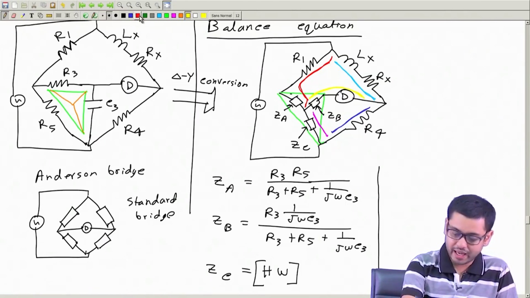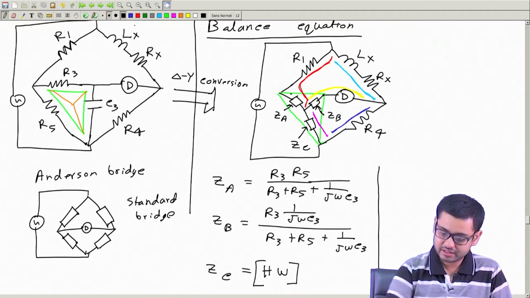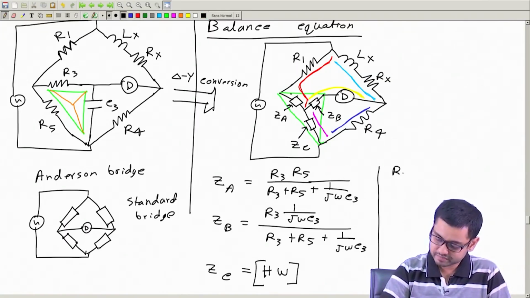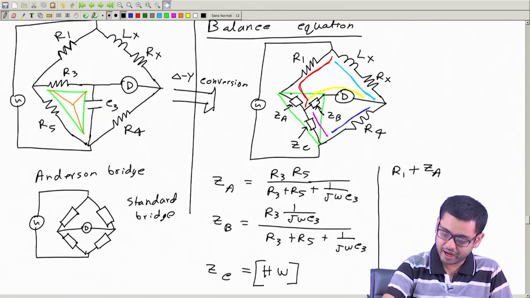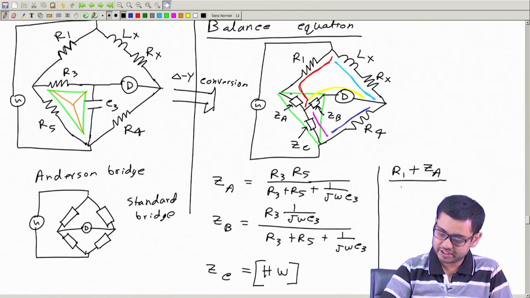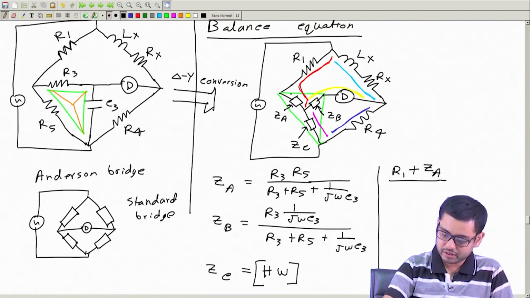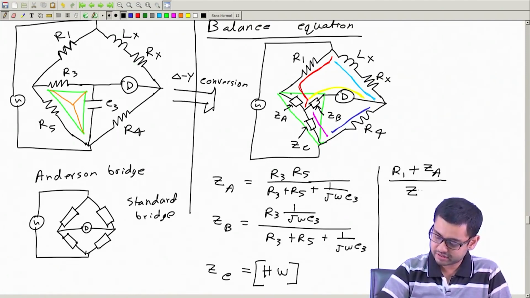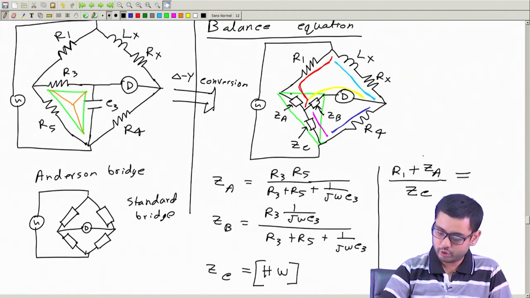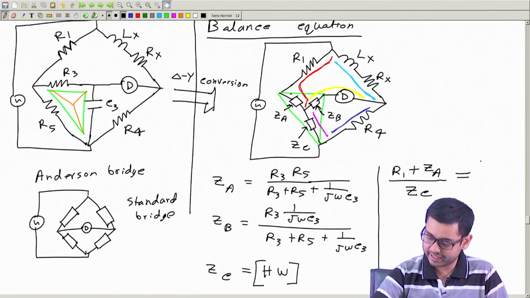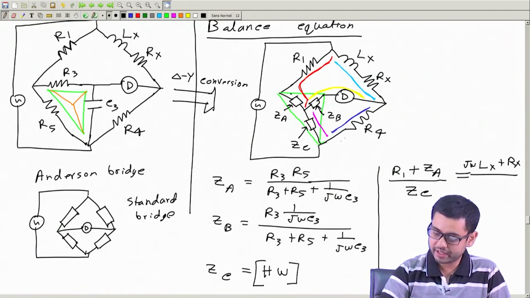So, the balance equation can now be written as R1 plus ZA, this red branch, divided by ZC, this violet branch, is equal to j omega Lx plus Rx divided by R4.